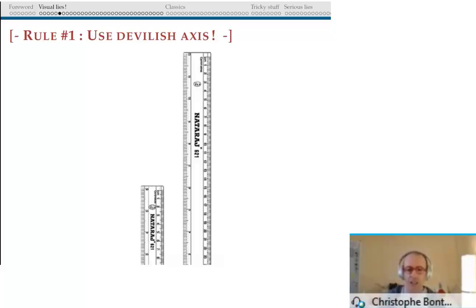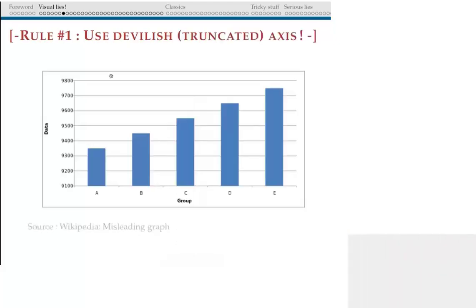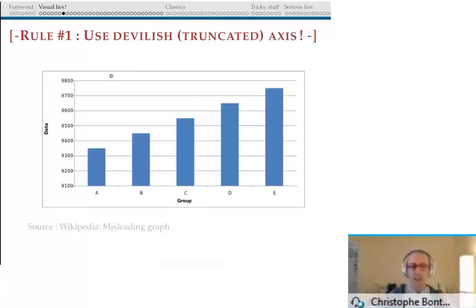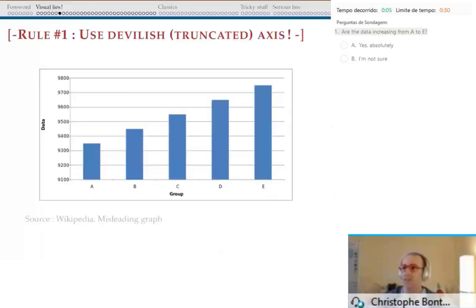So I will start with the third poll right now and ask you if you think that the data are increasing from A to E. Well, maybe it seems a silly question, right? It is increasing.